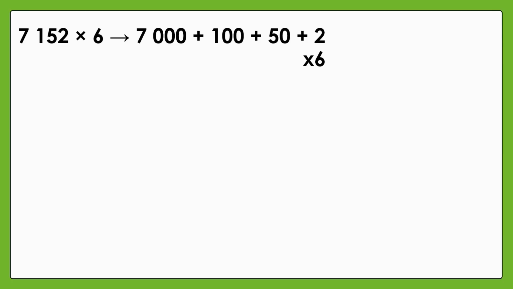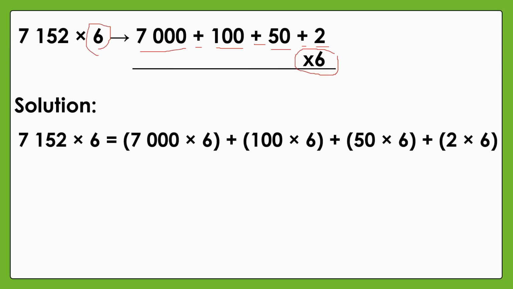Now, let us have 7,152 times 6. That is 7,000 plus 100 plus 50 plus 2 times 6. Let's try to compute. Here's the solution. 7,152 times 6. 7,000 times 6. 100 times 6. 50 times 6.